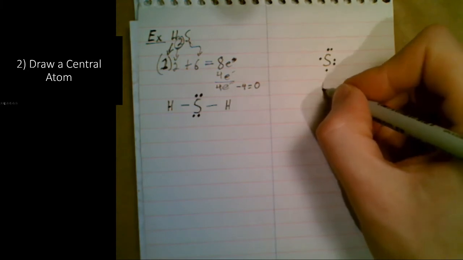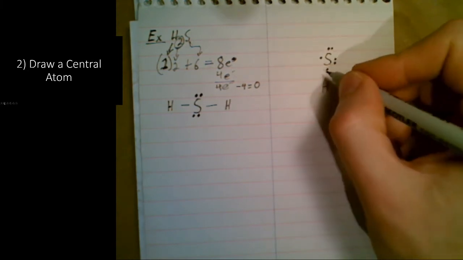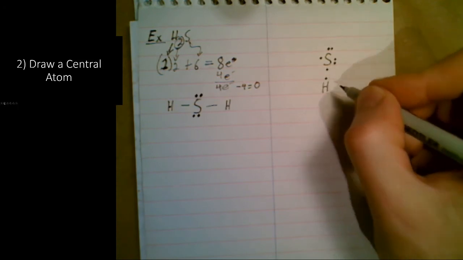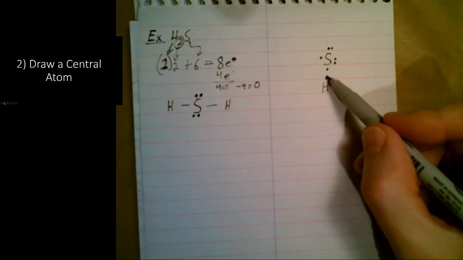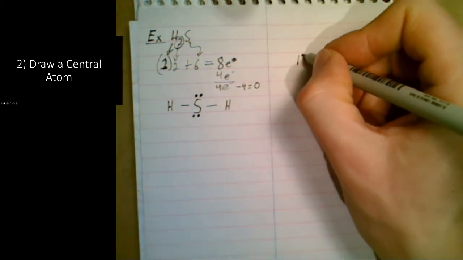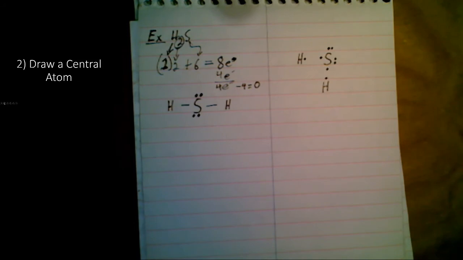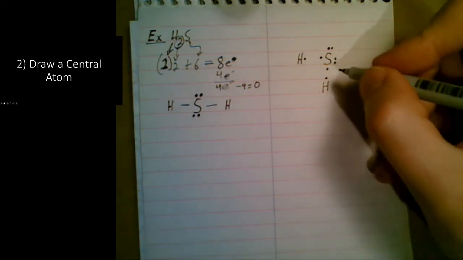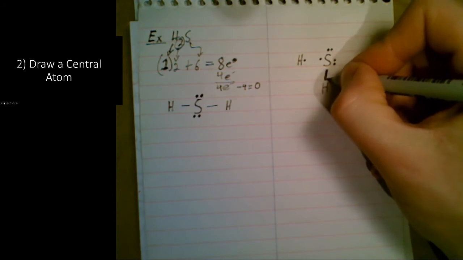The next thing I would do is draw my terminal atoms across from any unpaired electrons, and I would draw them as Lewis dot diagrams, making sure to line up any unpaired electrons. And then I would do the same right here. Now that I've done that, I would actually just connect unpaired electrons into a bond.